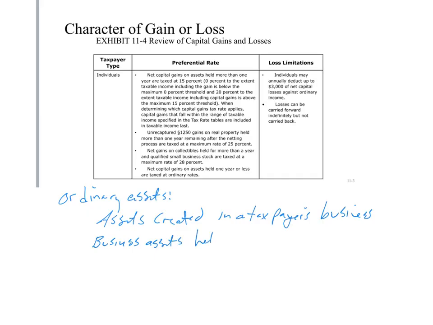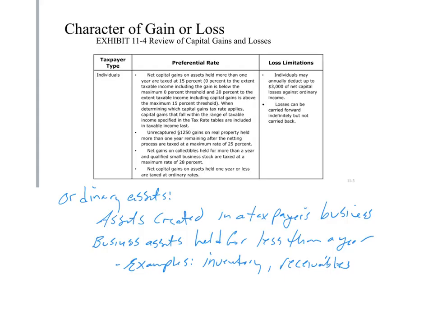Business assets held for less than a year. And so what are good examples of these things? Inventory, receivables, those are great examples.